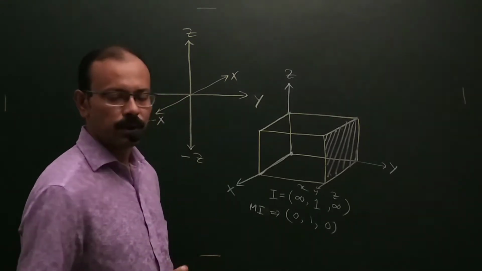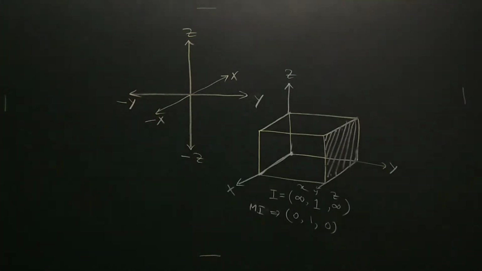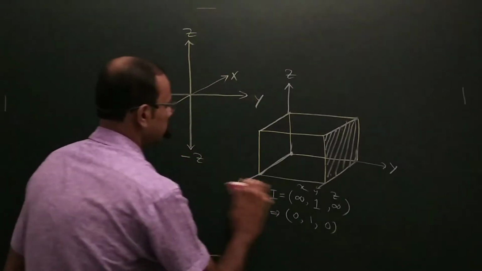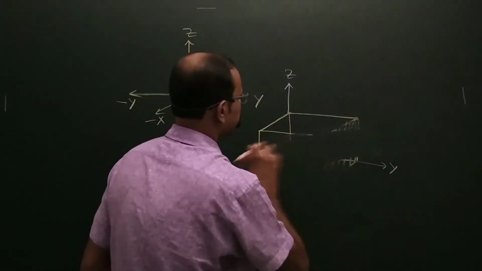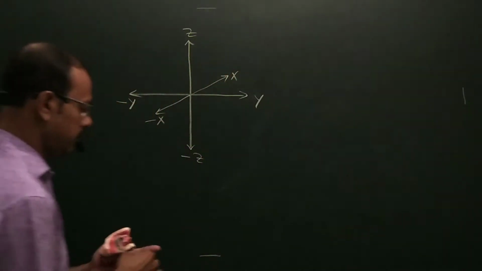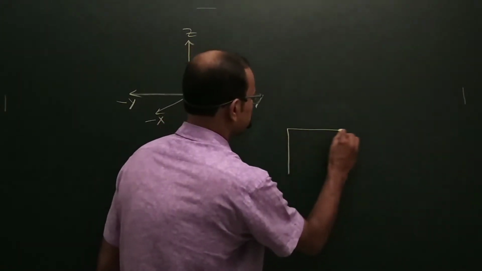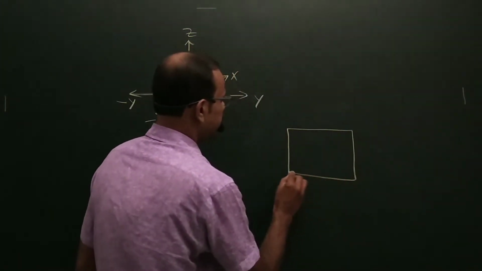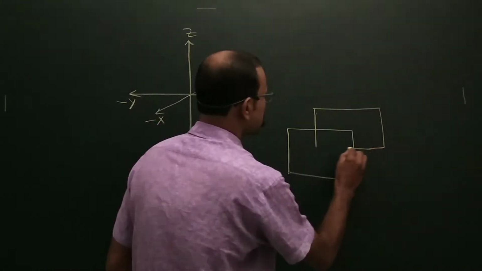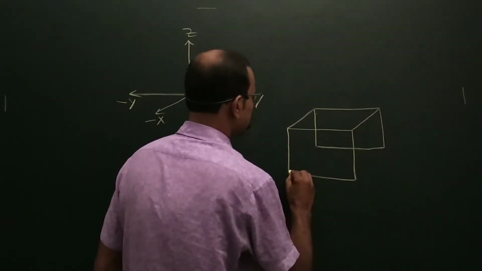Now, I would like to draw the second case. You see, I am drawing another cube, and I have to find out the Miller indices of the given plane, which I have shaded.